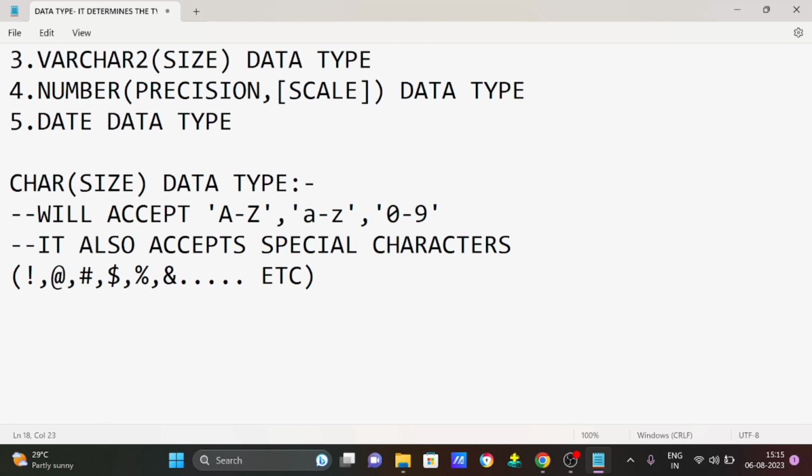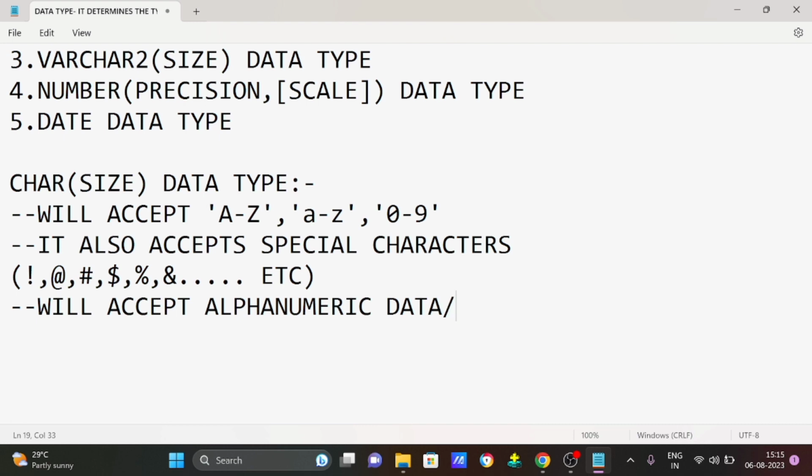So char of size data type also accepts special characters. Next, it will accept alphanumeric data or values. What does this actually mean? Example, 19AQ5780.